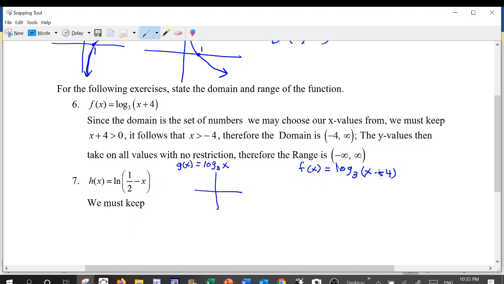So what are we doing to this graph to get this graph? Well, remember, adding 4 to x in the equation will move the graph to the left 4 units. So this graph, because this is base 3, will look like this. Right? So this point is 1, 0, right? Now we can have another point on the graph, a point that has a round answer, for example, 3.